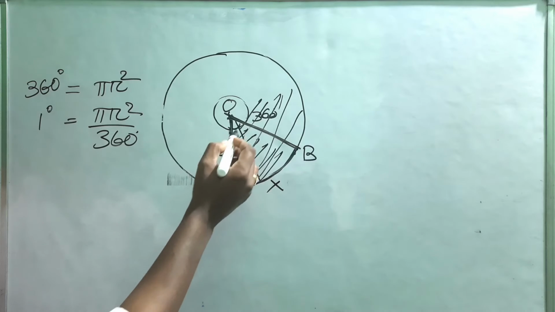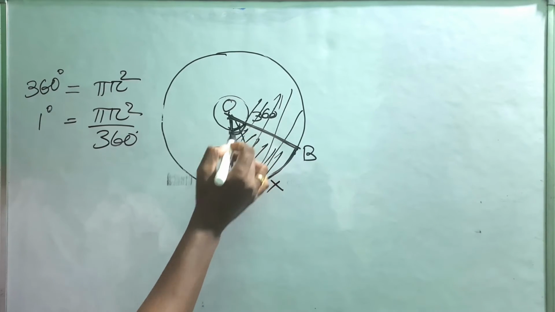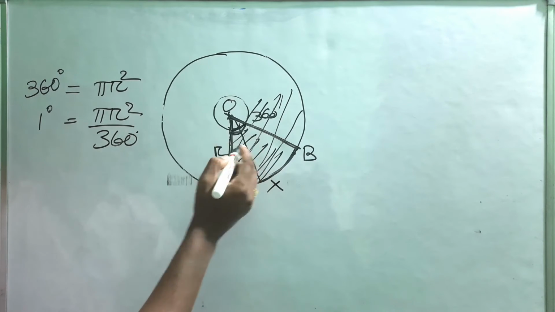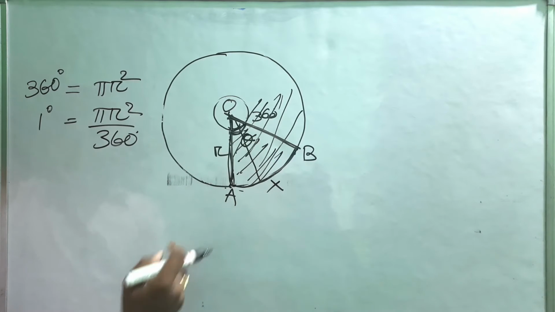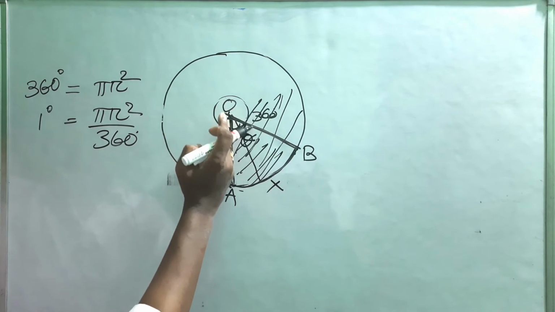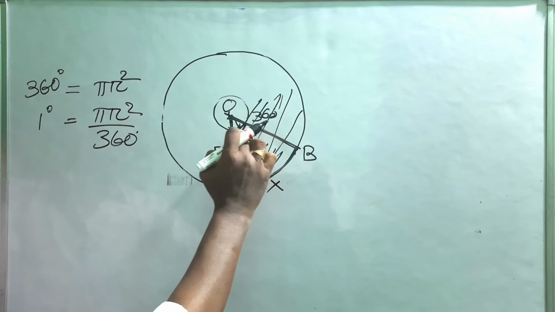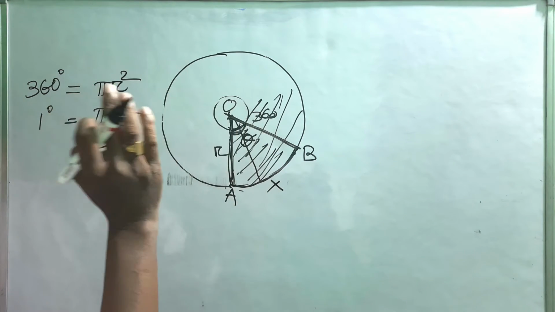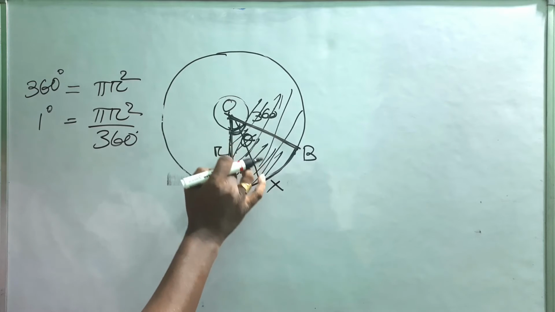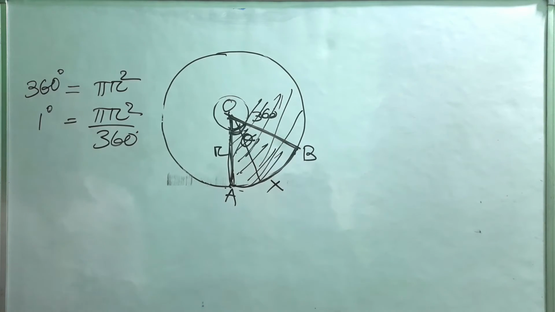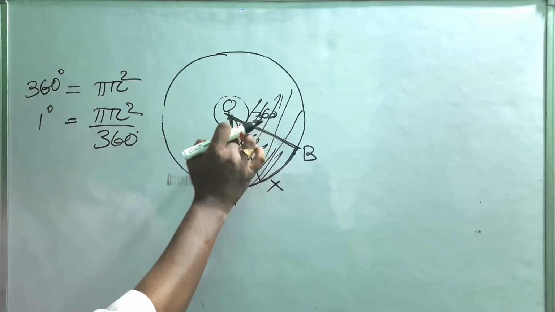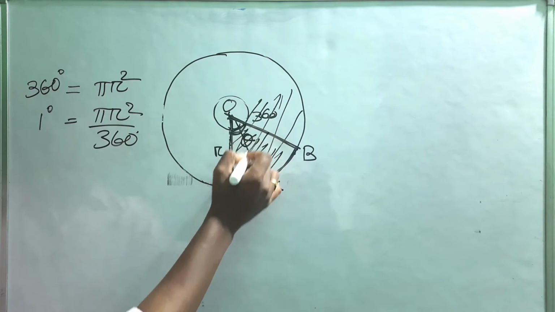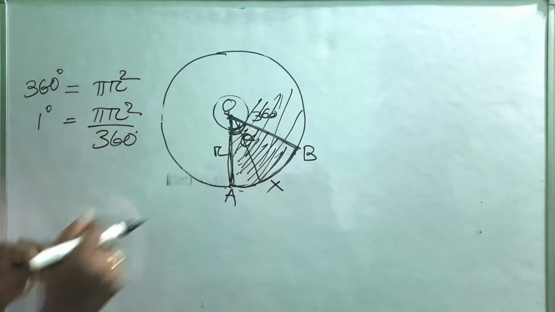Suppose the central angle, the angle made by this arc at the center, is theta. When this radius moves from here to here by theta degrees, how much area does it sweep?